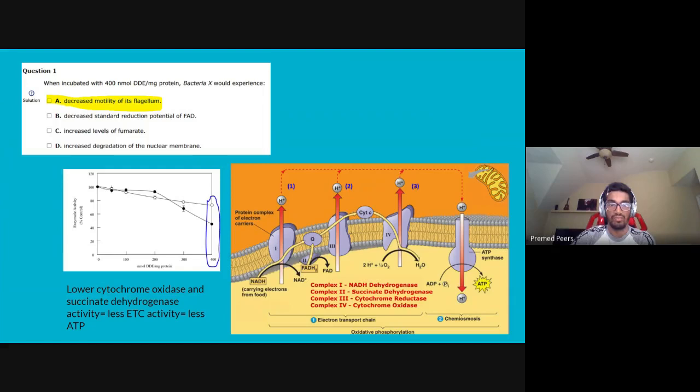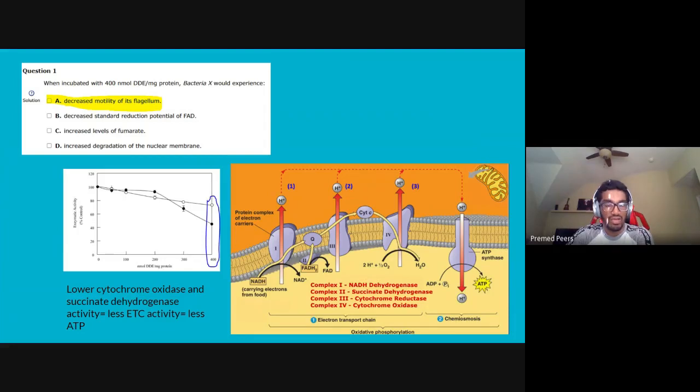And the most important part there is that we need to understand that both of those components are in the phosphorylation part, the ETC part of the cell, or the cell functions. So what we know about the ETC is that it functions to create energy and ATP.